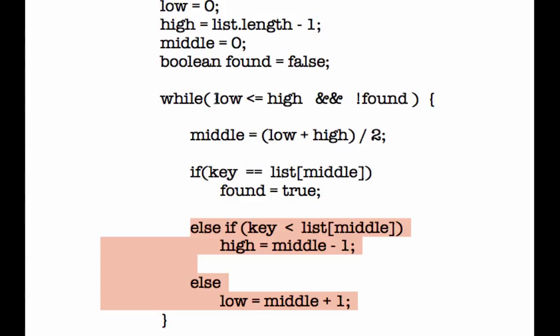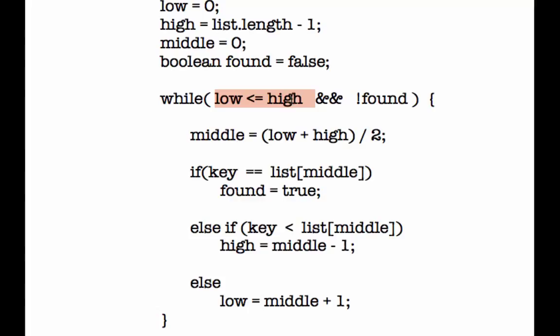So my condition is as follows. My condition is as long as low is less than or equal to the value of high. Let's think about what that means. That means that as long as the index of low is less than or equal to the index of high, there are some elements in between low and high that need to be inspected.